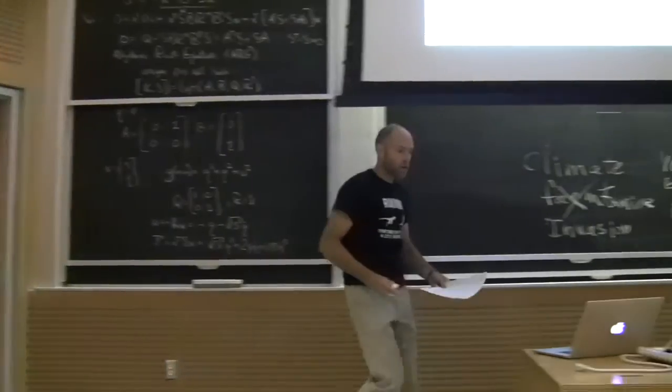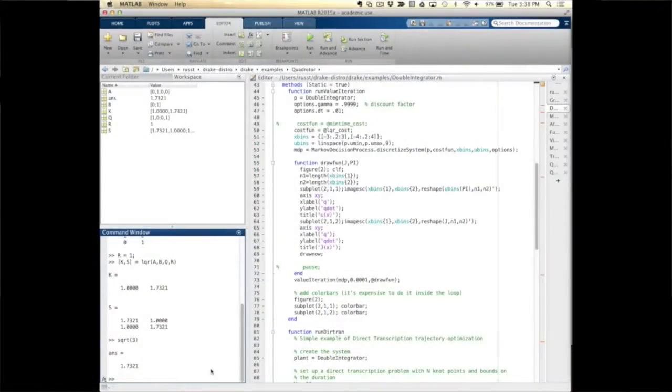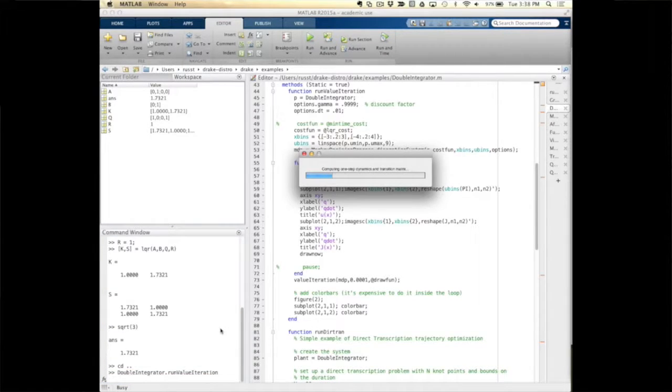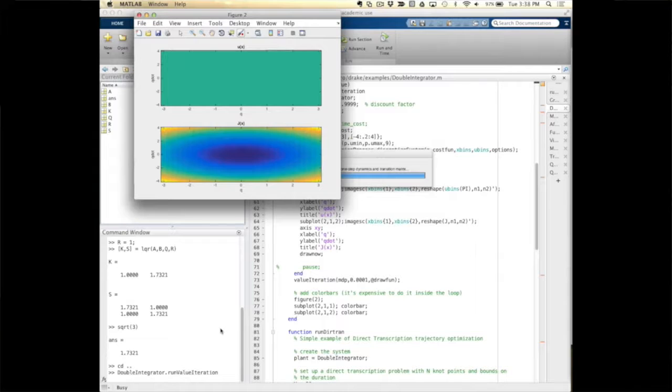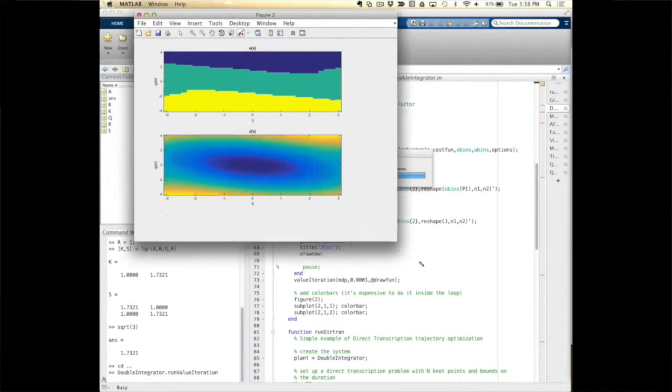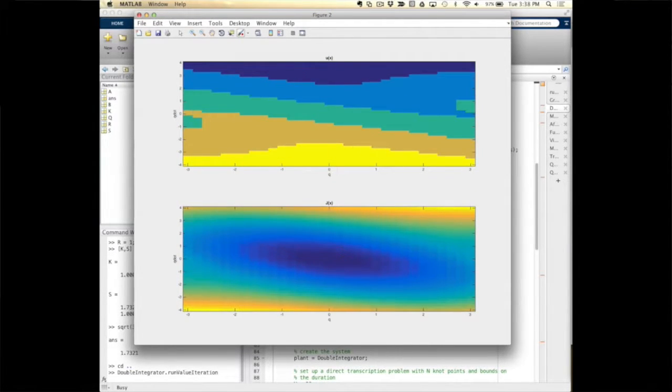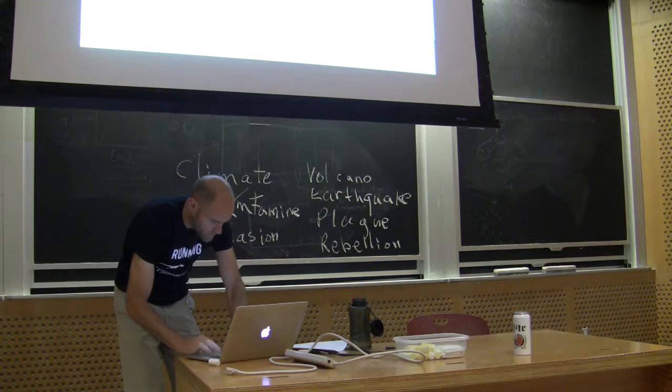Okay, so if I do the same thing we did last time, then I want you to think about this again. So this is running the value iteration for the minimum for the LQR cost.